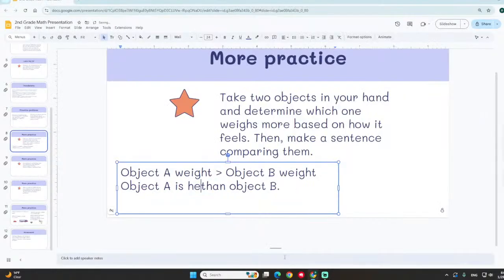The correct answer is heavier, because the object that has more weight is heavier. So since object A has more weight, that means it's heavier than object B.